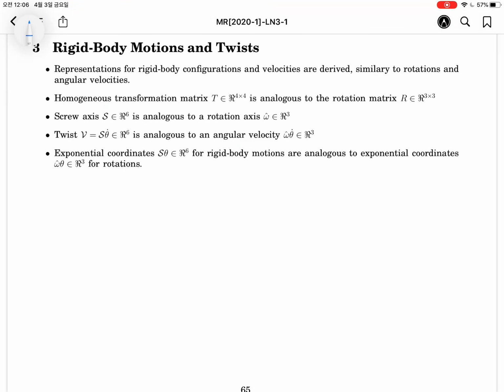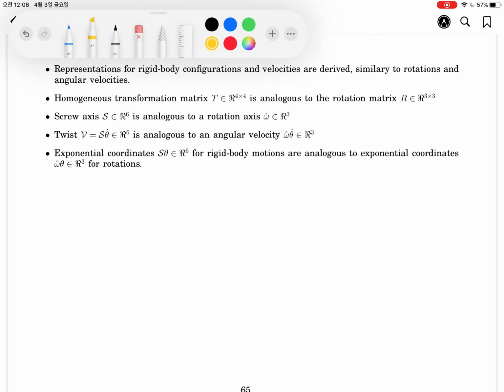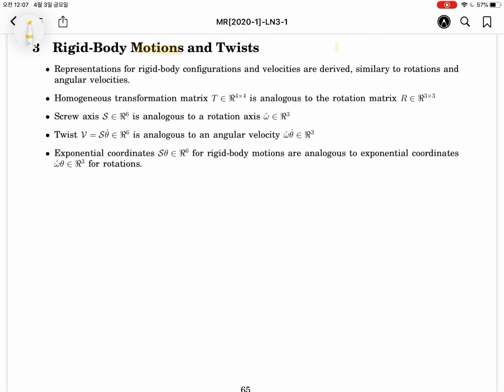Okay, let's consider section 3.3, the rigid body motion. Later it will be extended to the twist concept. Twist is the rigid body velocity from the viewpoint of the screw axis. In the previous lecture, we talked about rotation and angular velocity using the exponential coordinates for rotation.